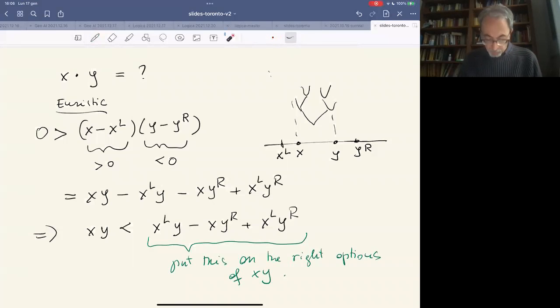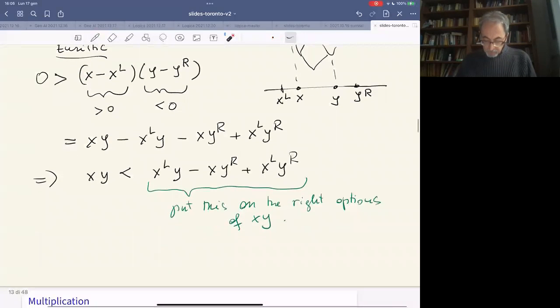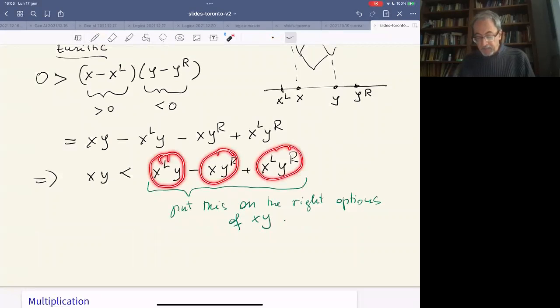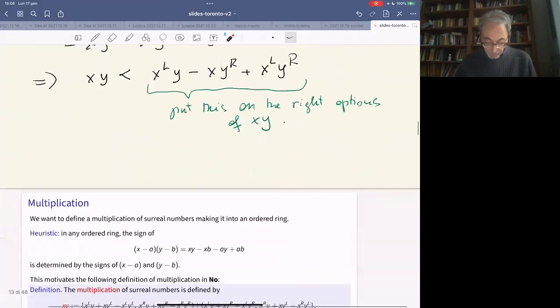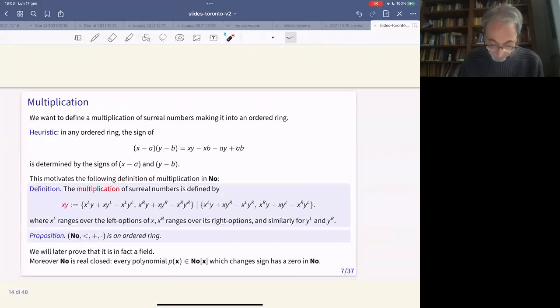Similarly, with all possible changes of signs here. And these guys are already defined by induction. You can assume that they are already defined because they involve simpler elements. So the official definition is then this.